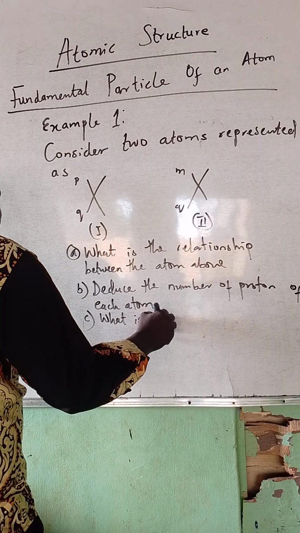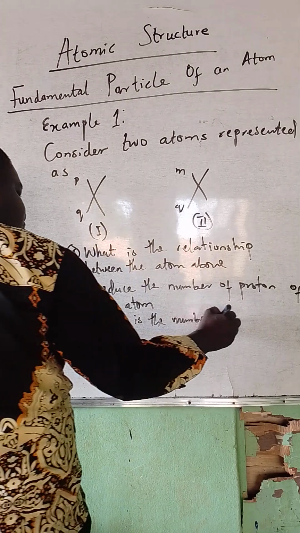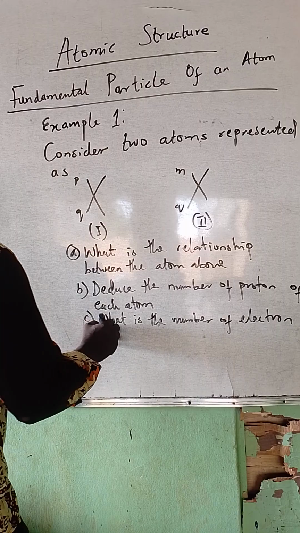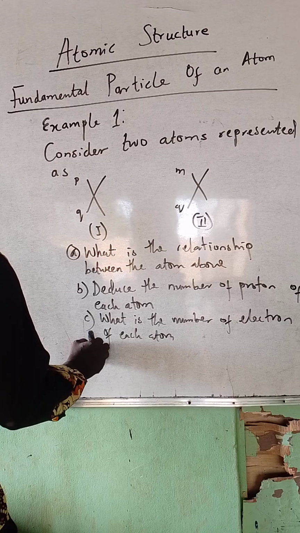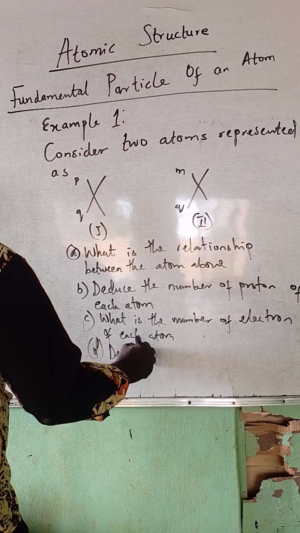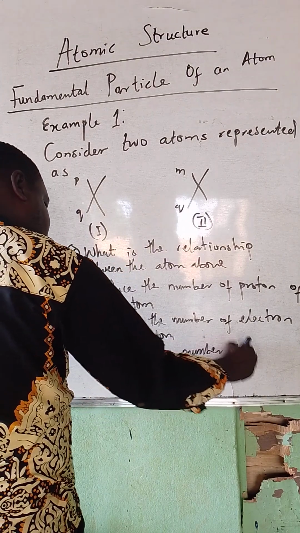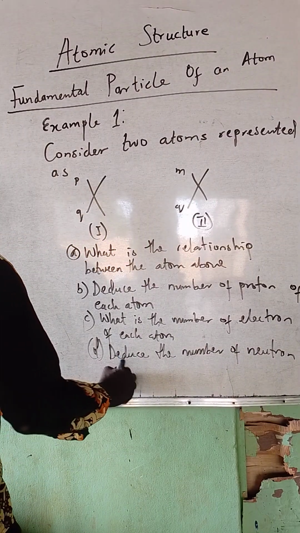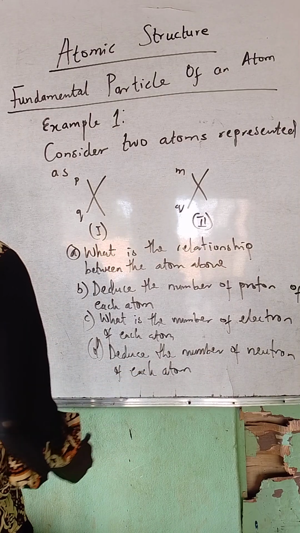What is the number of electrons of each atom? Deduce the number of neutrons of each atom. So look at the question now.